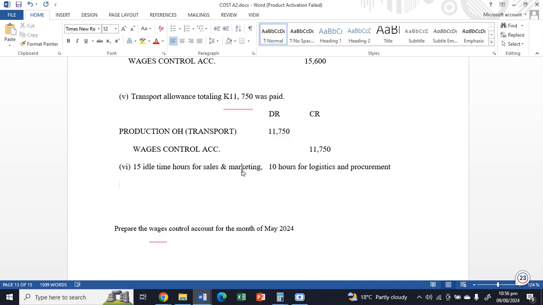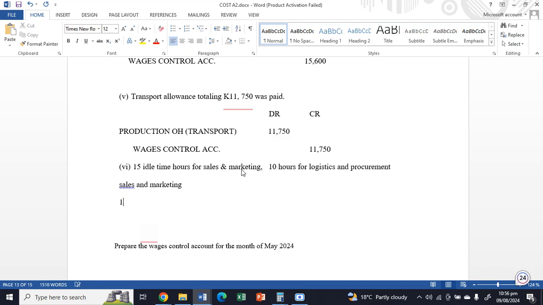So for sales and marketing, 15 hours, their normal wage rate is 70 kwacha per hour. So 15 times 70.